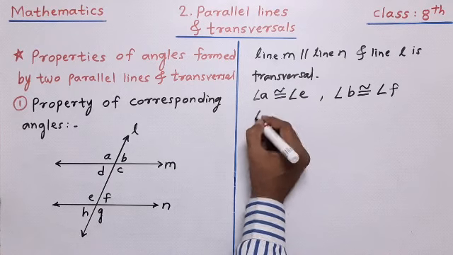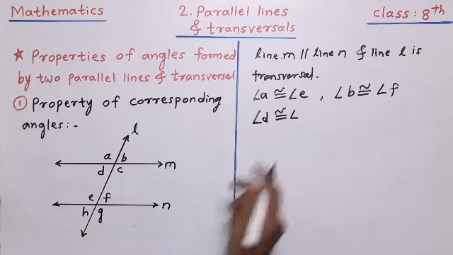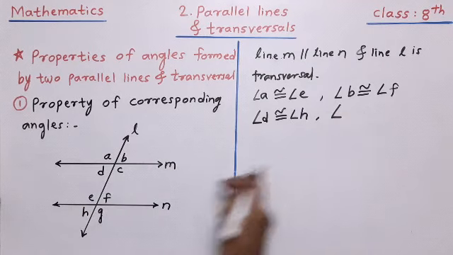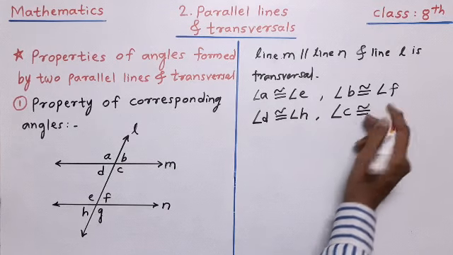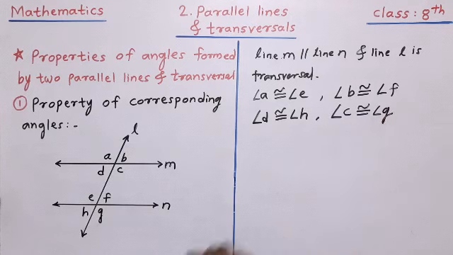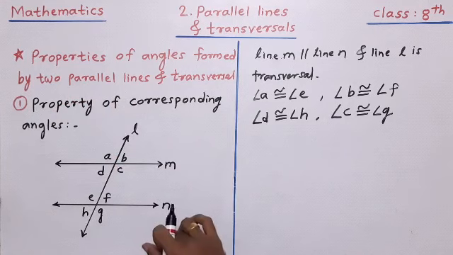The next pair, angle D, is congruent to angle H, and the fourth pair, angle C is congruent to angle G. So this we have written according to the property.